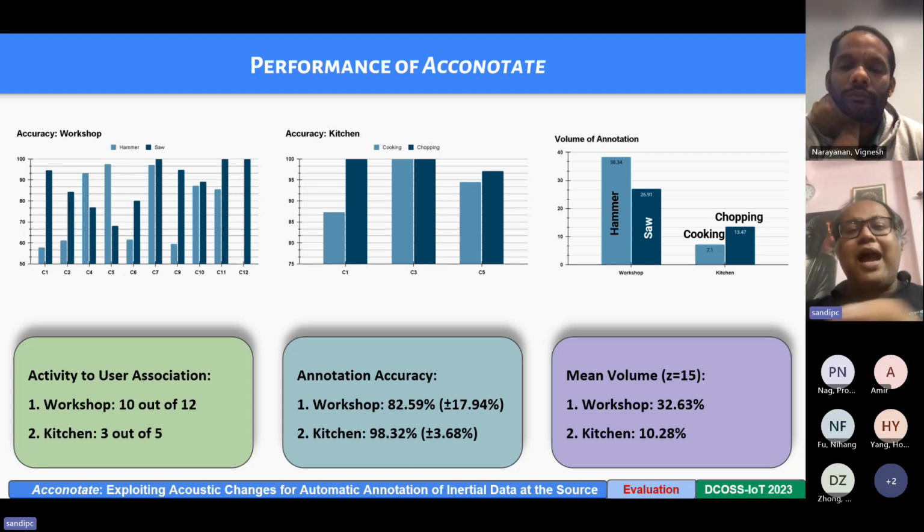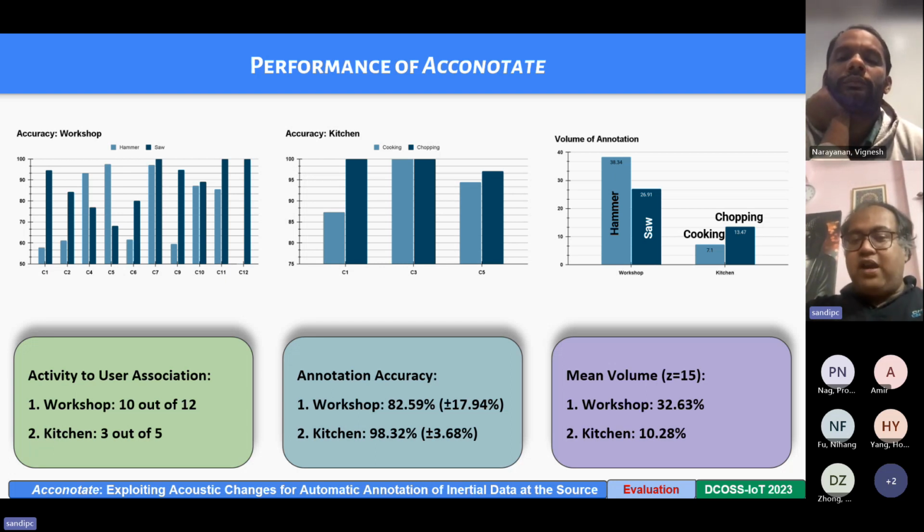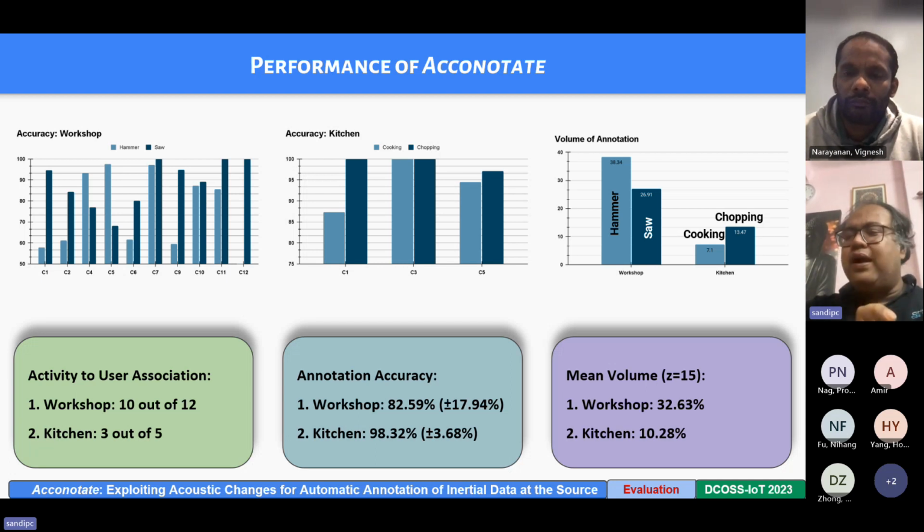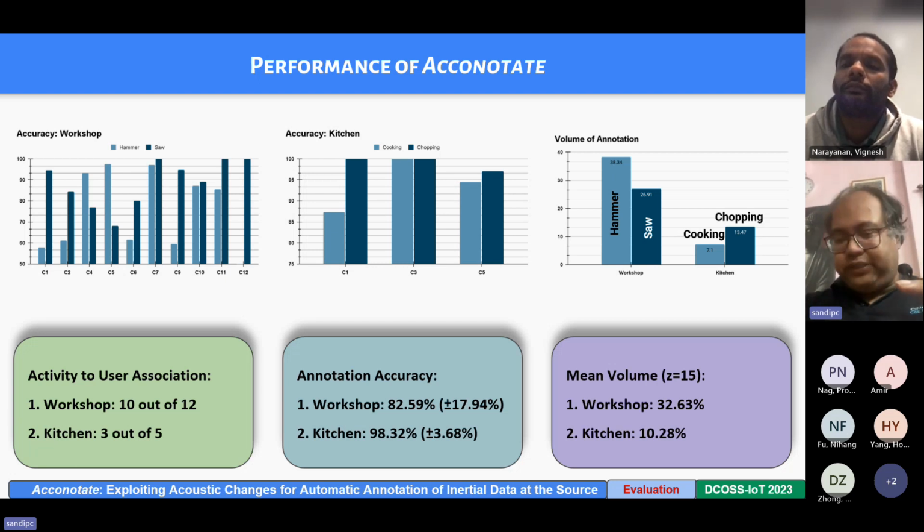Okay, and this is the kind of volume of data we could annotate with this method. For the workshop environment, we could correctly annotate around 32% of the data, whereas for the kitchen environment, it is 10% of the data. Although the number might look a little bit lower, you remember that we are doing this in a completely unsupervised way.